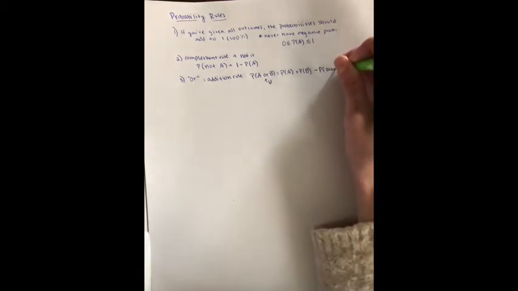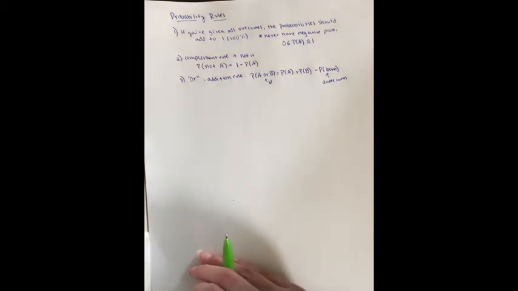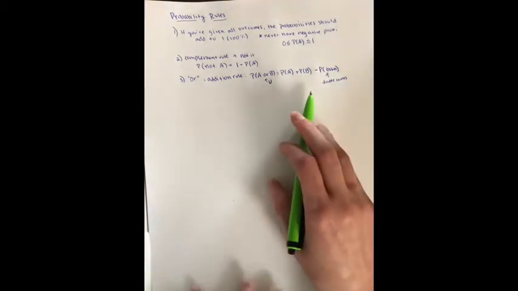So you take out the probability of both, and those are the double counted people. Okay, now that's the addition rule.